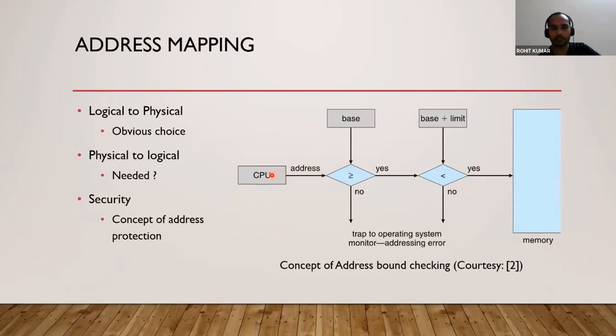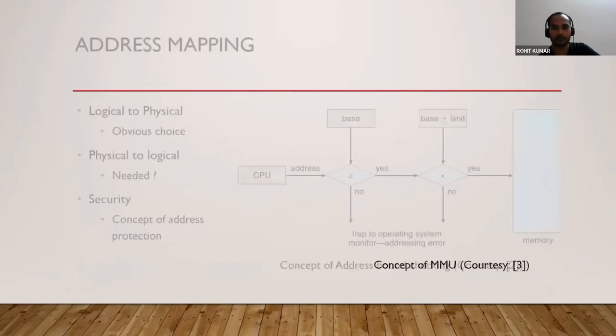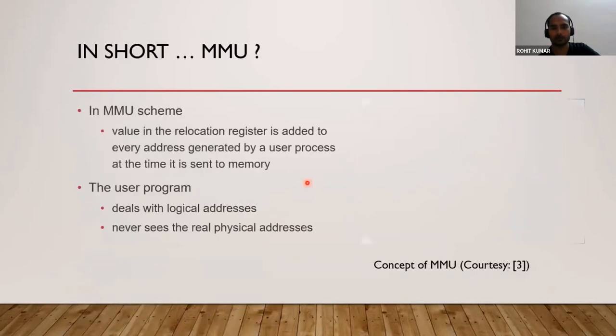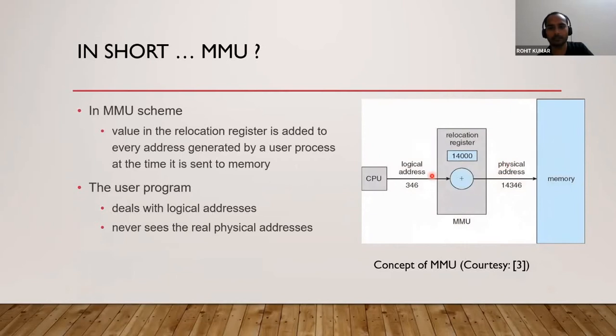This particular address is the complete address. Normally the addresses coming from the CPU are called logical addresses. But I think we should have discussed this figure first. So let me tell you what happens. Addresses generated by the CPU are called logical addresses. Once a logical address is generated, it is added to the relocation register value.